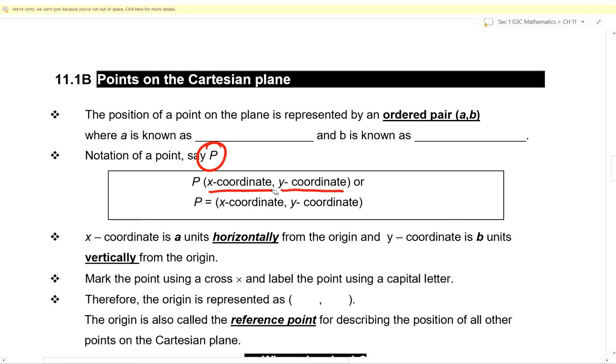We can choose to write it this way, or we can choose to write it this way. The difference is that there's an equal sign over here. Whether you write the equal or not doesn't matter. Okay, so the first number inside the bracket, A, is known as the x coordinate. The second number inside the bracket is known as the y coordinate.